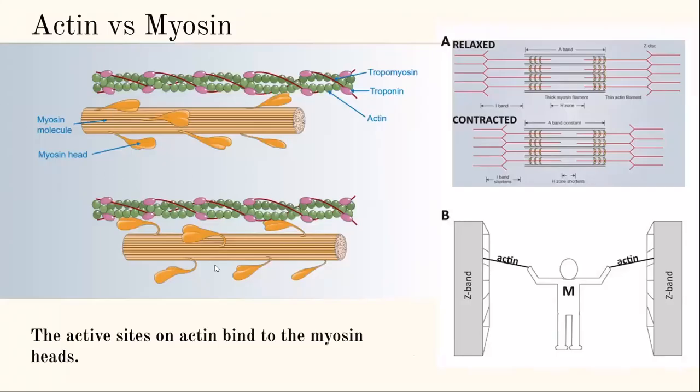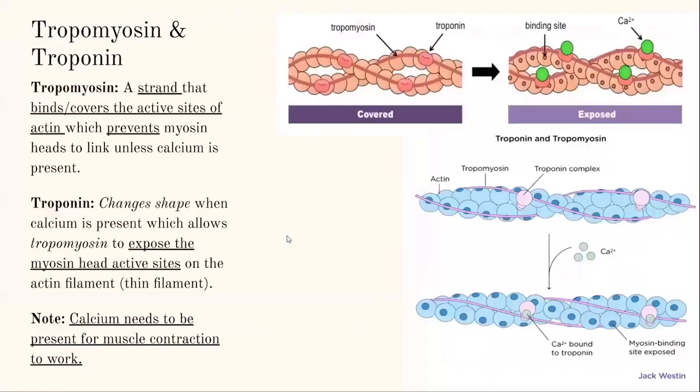So here's a picture of the contraction happening. Okay, so here's troponin and tropomyosin. Tropomyosin is a strand that wraps around the actin filament here.